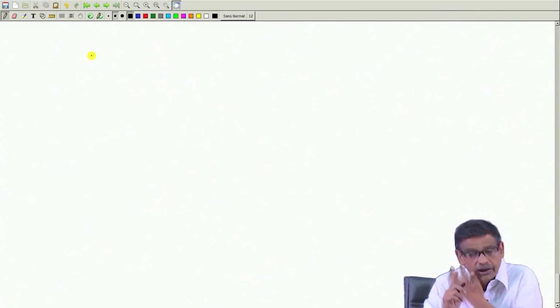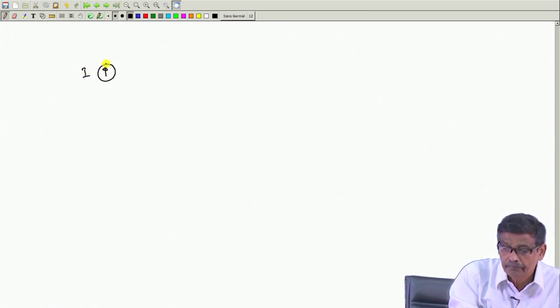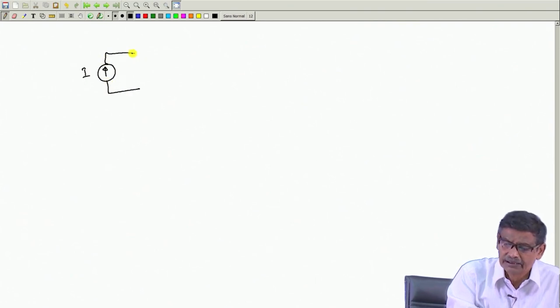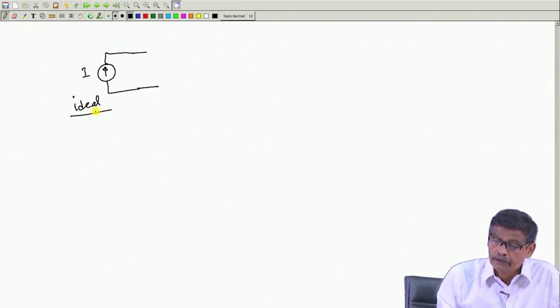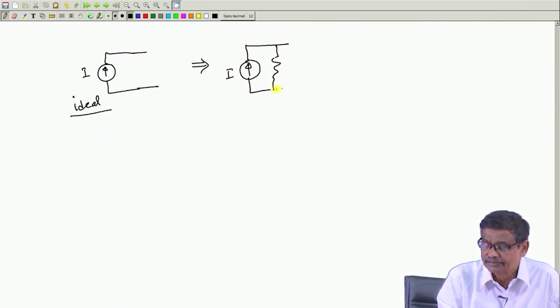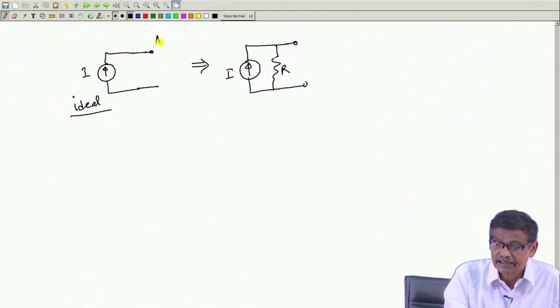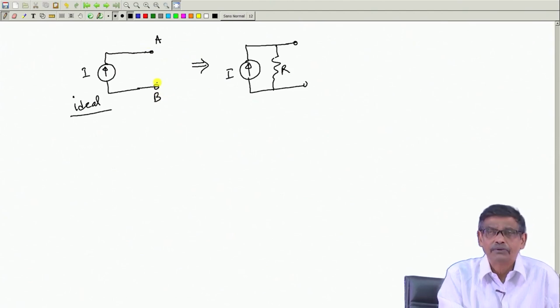But nonetheless, one point I must tell you, that suppose you have an ideal current source I. If that disturbs you, what should I do? If it is an ideal current source, what you can do is imagine that okay, it is not ideal, I current and in parallel with a resistance R. Across AB some load resistance is connected.